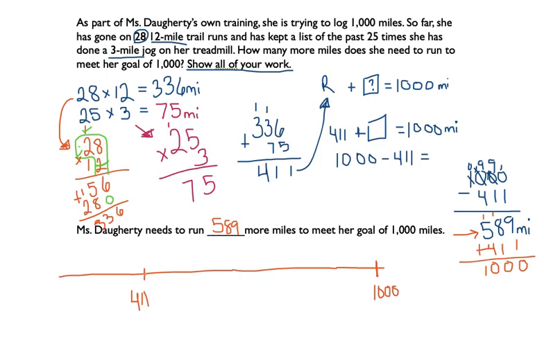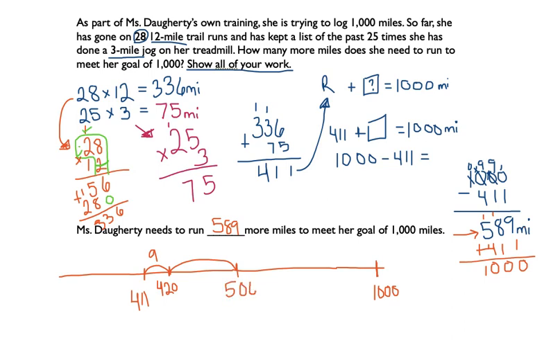So if I'm trying to move up to friendly numbers, I might choose to go up 9. Because if I go up 9 miles, if she runs 9 miles more, then she will have run 420 miles. I'm trying to get all the way to 1,000. Another jump that might help me is to get to 500. So I can think, oh, if I'm trying to get up to 500, how big of a jump was that?